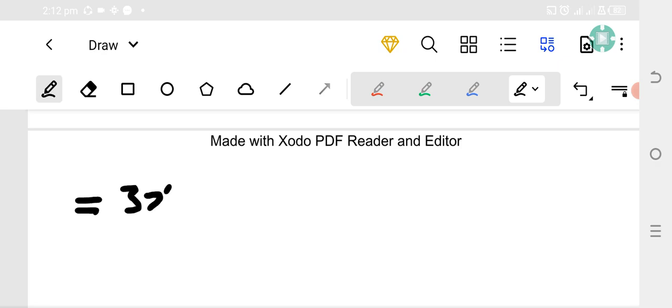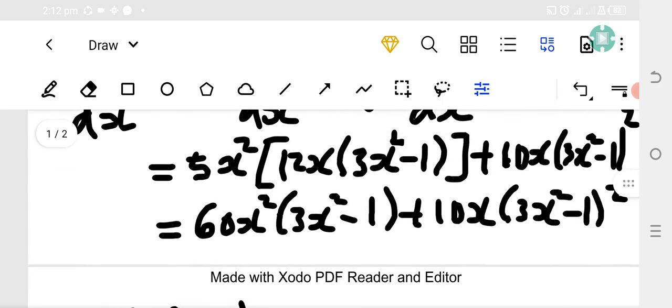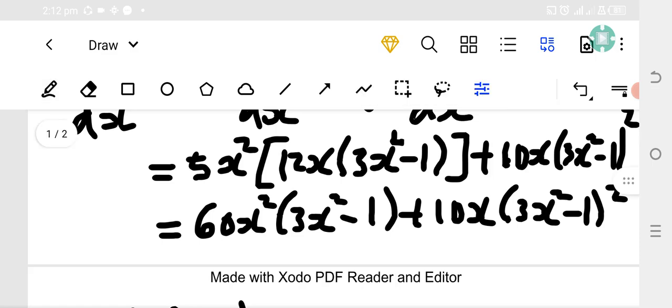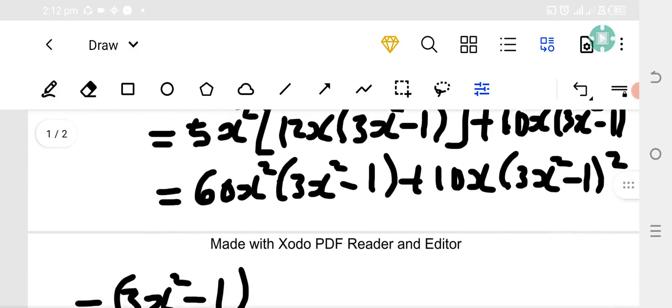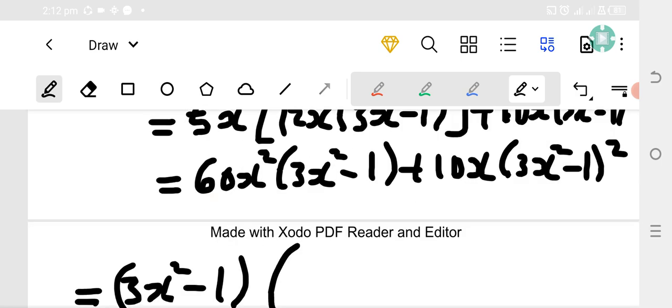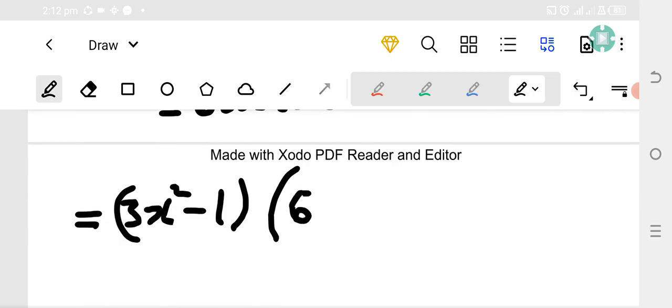So (3x squared minus 1) raised to the power 1, because this one has no power, and you don't write the power 1. Open bracket. What has remained here is 60x squared.